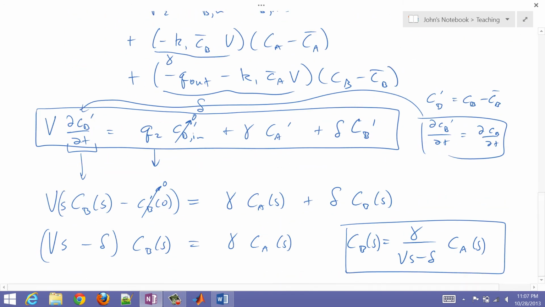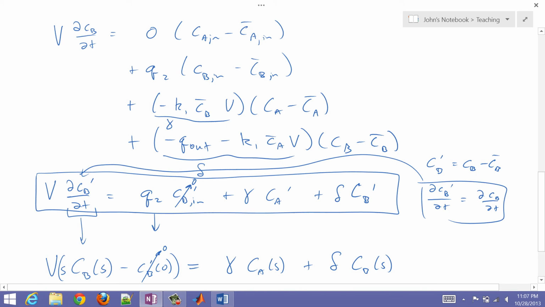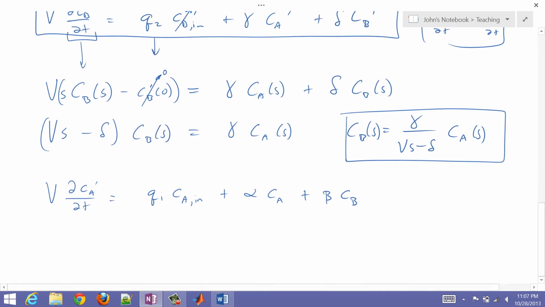Let me write this out. V dCA prime dt equals Q1 times CA in plus alpha times CA plus beta times CB. Let me see if I got that right. I've got to put the primes back on that as well because we linearized it.